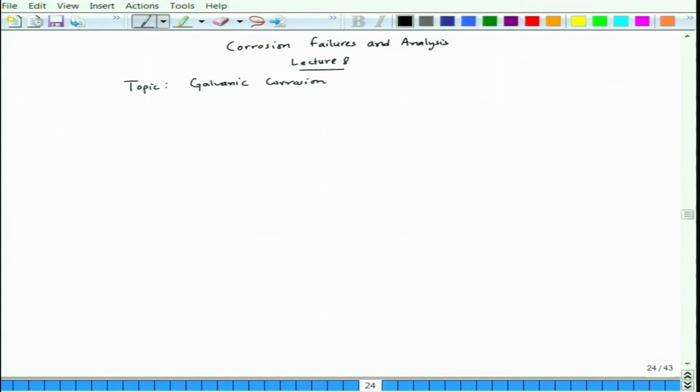If we summarize what we have done in lectures 6 and 7, in lecture 6 we talked about several possibilities that even if we have the same metal or the same alloy surface, we do get a galvanic effect, due to difference in concentration of active species, or due to stress effect.